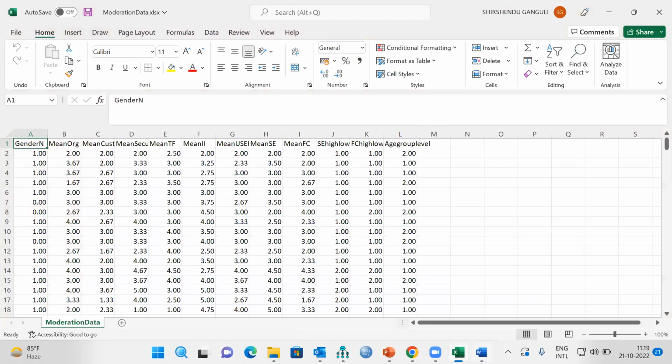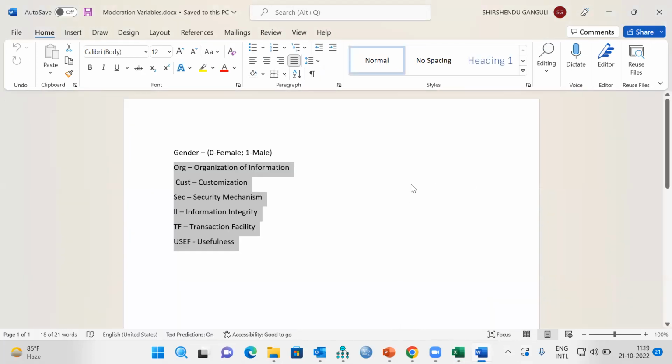So go through this data clearly, see what is there, and also look at mediation. If there is any doubt, just let me know. I will be taking a break and we'll meet after 20 minutes. Any doubt at this moment?